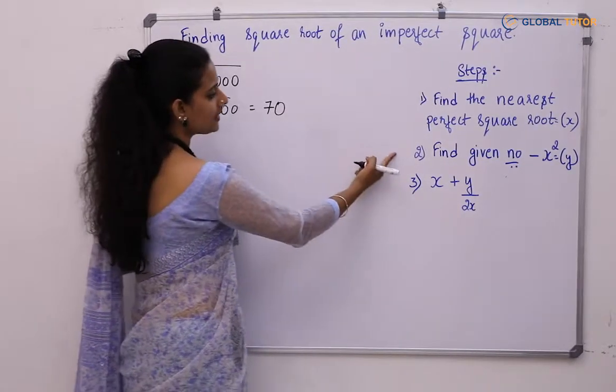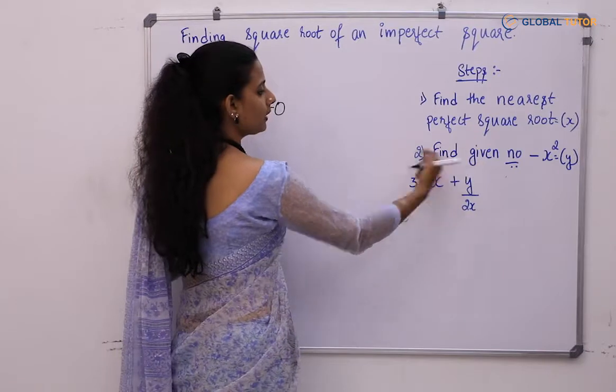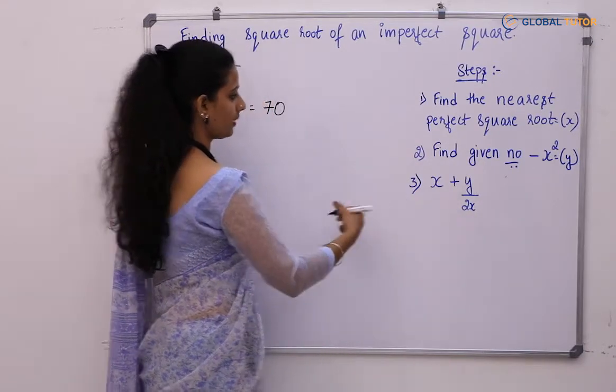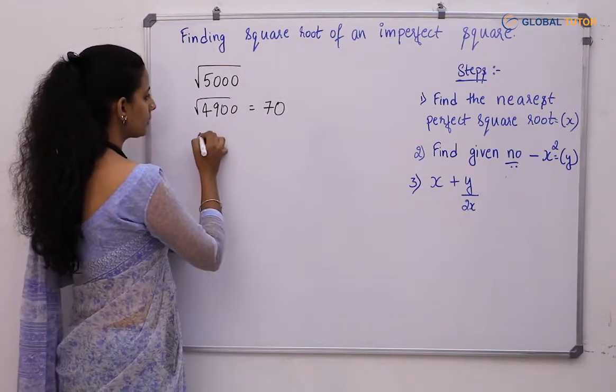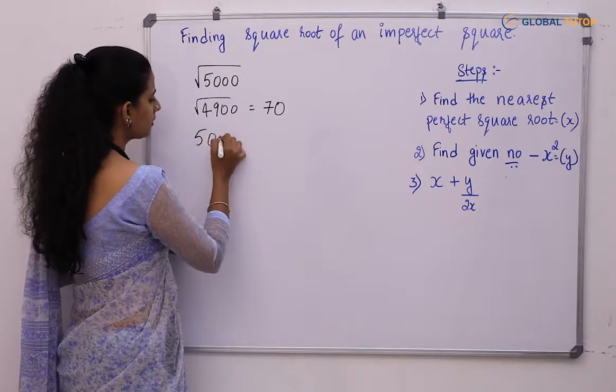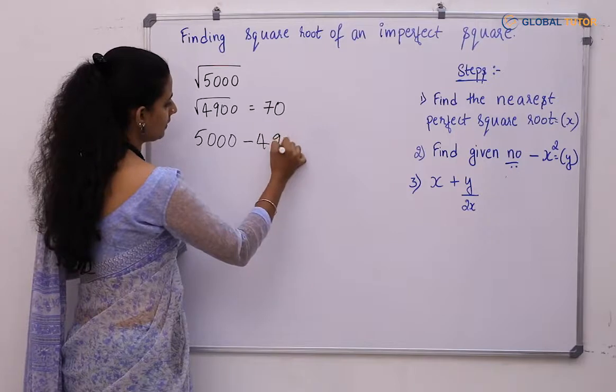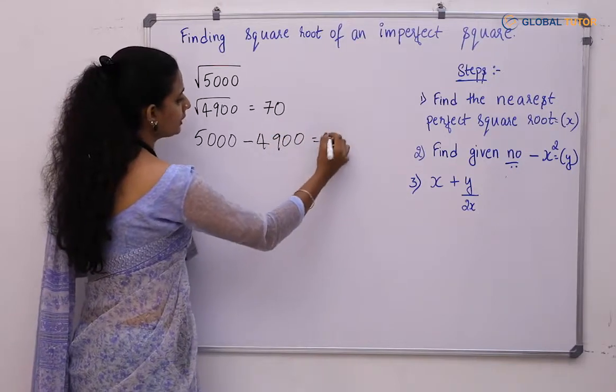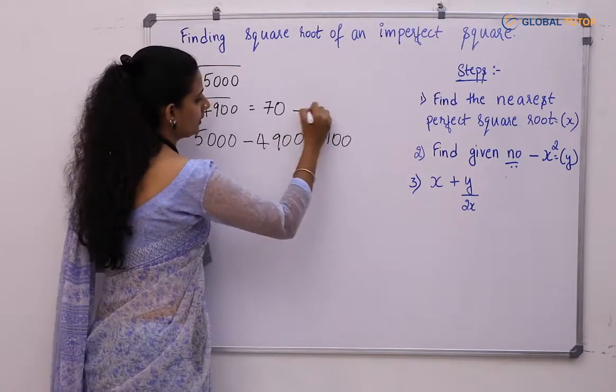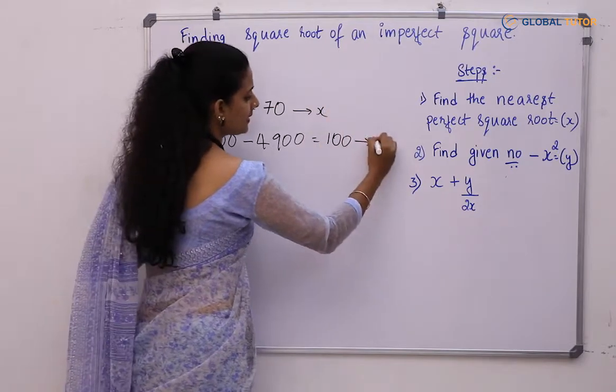Now, what is the next step? Find given number minus x square. So, given number is 5000 and minus x square will be 4900, which is 100. Now, this is x and this is y.